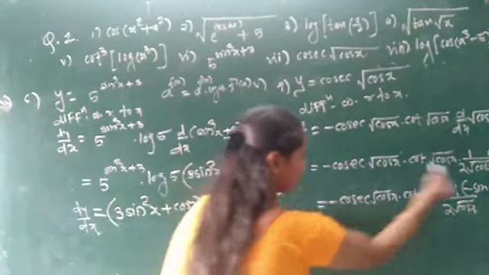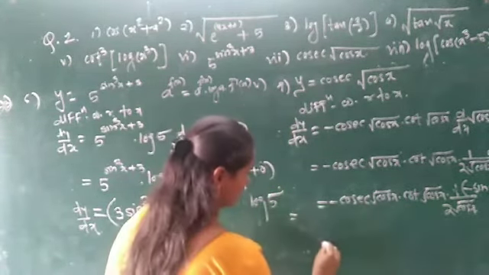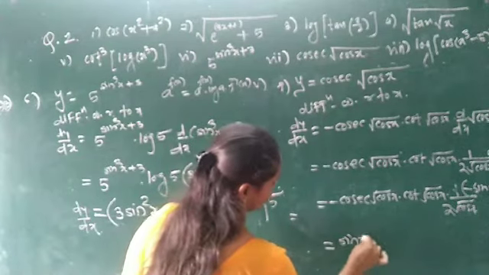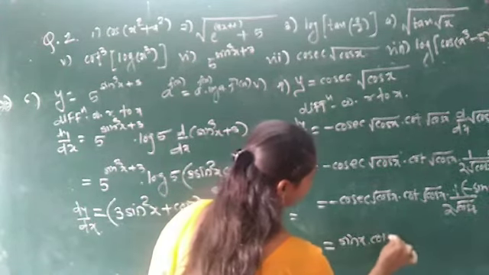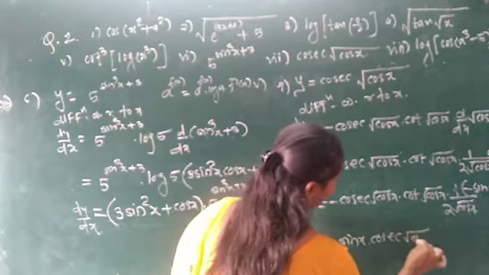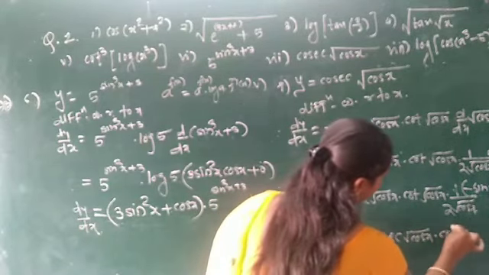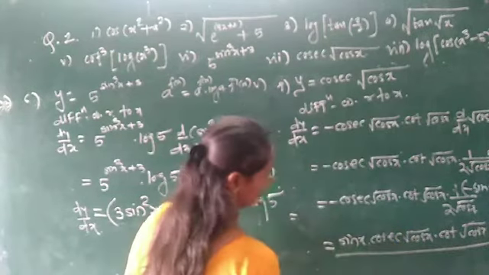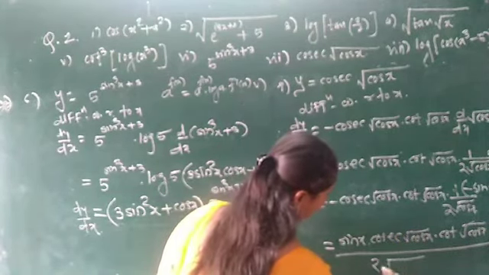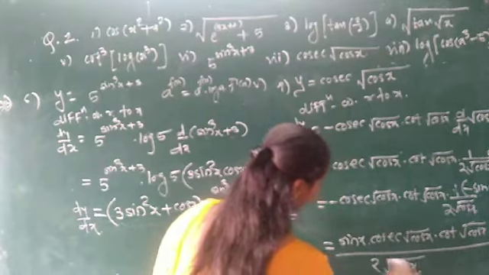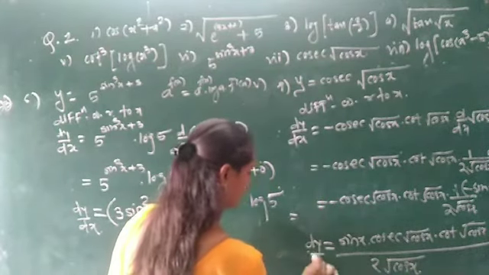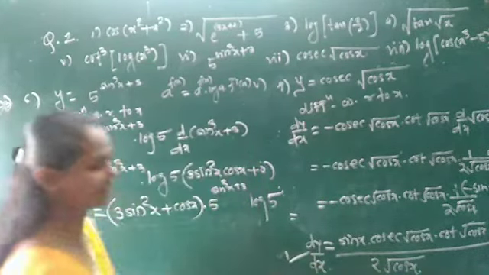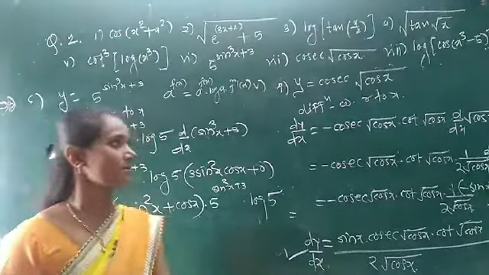So minus minus becomes plus. So the answer is sin x into cosec of root cos x into cot of root cos x, whole thing divided by 2 root cos x. So final answer dy upon dx.